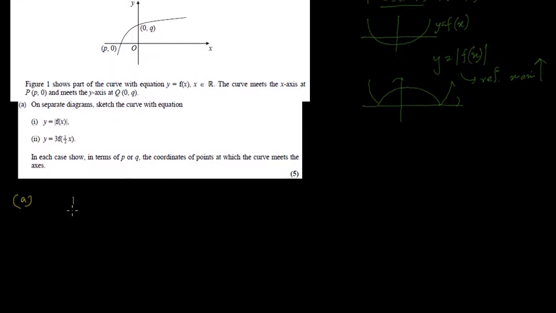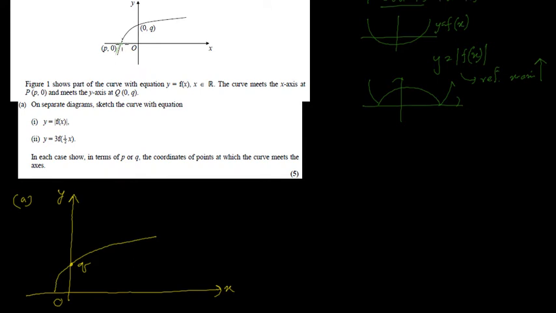So let's do the first one. For this sketch, this original picture, you have to label it x-axis, y-axis and origin. This is very important. So this portion will be exactly the same, as it is. You mark here Q. Now you have to reflect this upwards. For reflection, remember, it has to be exactly like a reflection.